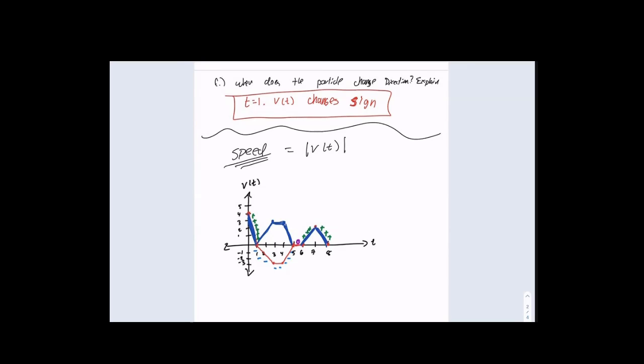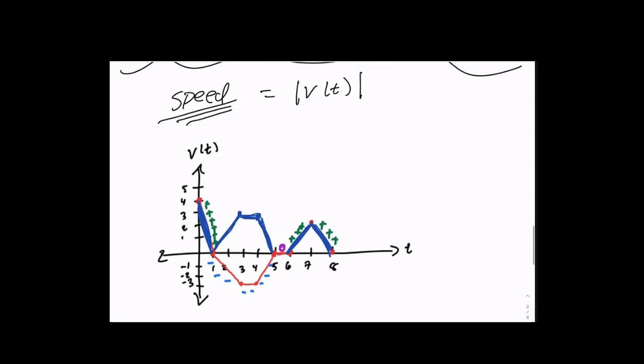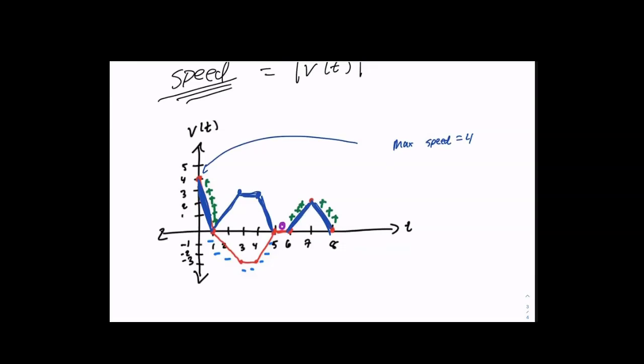What is the maximum speed? Can anybody tell me the largest value of speed in this graph? What is the largest y value? 4. So the maximum speed is 4. It occurs right there. But now if I were to ask you when is speed increasing, you would tell me when the slope of the speed graph is positive, right?